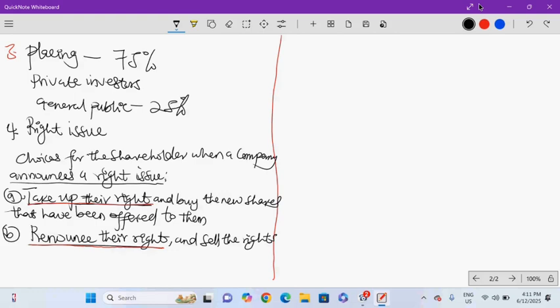So they can take up their right and then buy the new shares that have been offered to them. Or they can renounce their right and then sell their right to another investor to subscribe for the new shares.